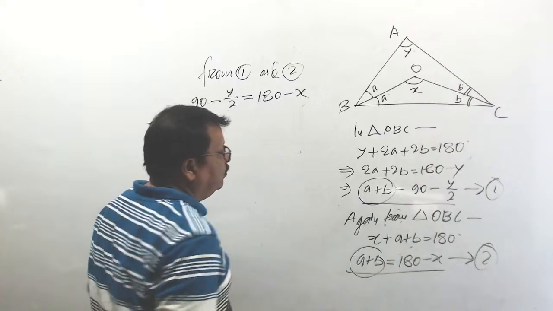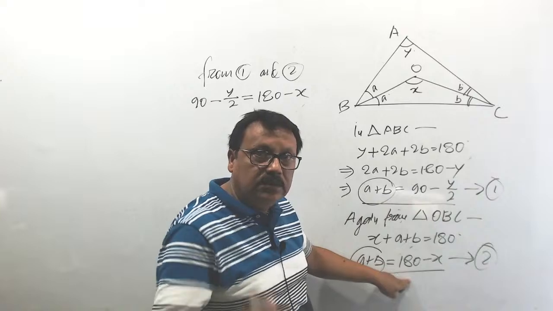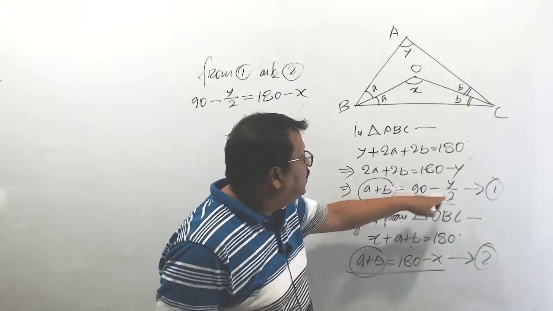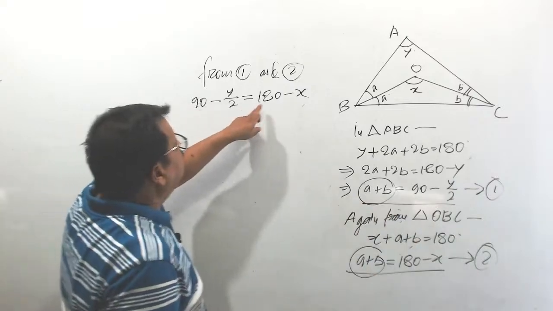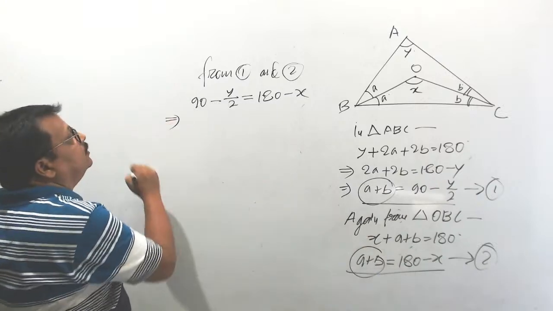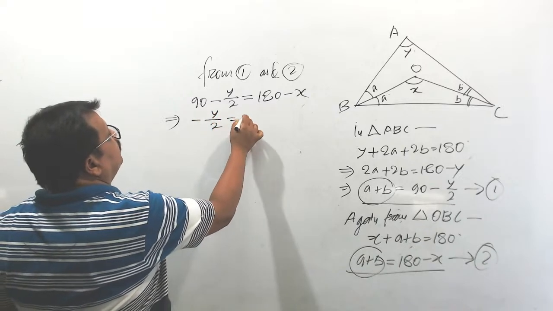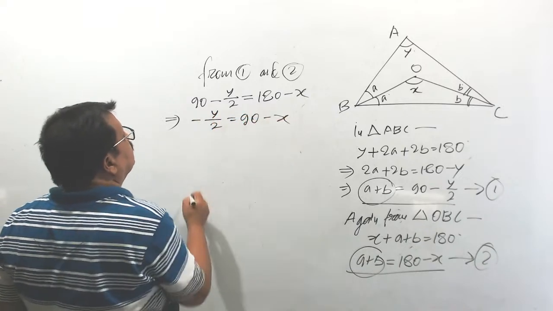Is it? a plus b is equal to this. a plus b is equal to this. Both are equal. Clear? That is 90 minus y by 2 is equal to 180 minus x. Now we simplify. That is minus y by 2 is equal to 90 minus x. Understood?